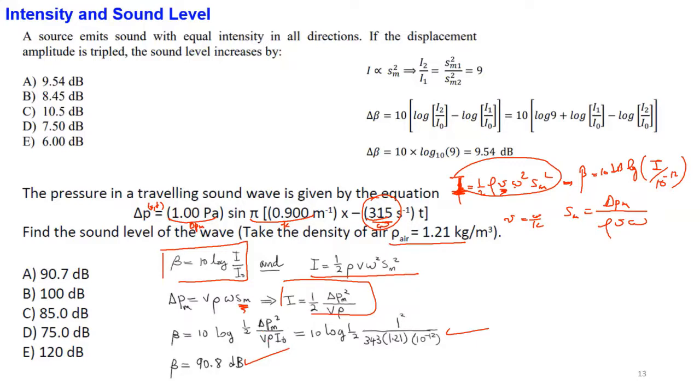So the speed here we took, of course, 343, but if you want to do it properly, we just say that the speed is omega divided by k, which is 315 divided by 0.9.